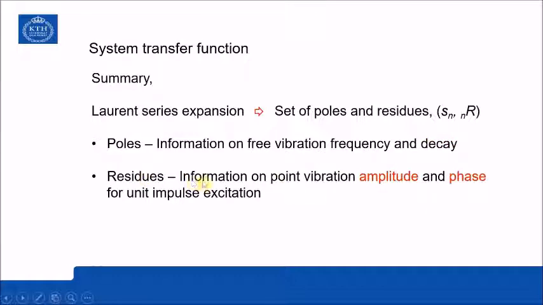The residues, on the other hand, give us information on how the observation points vibrate, their amplitude and their phase. So by comparing the residues of different observation points, we can get a picture of the relative vibration between the points.